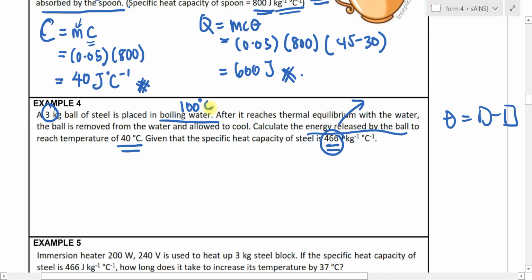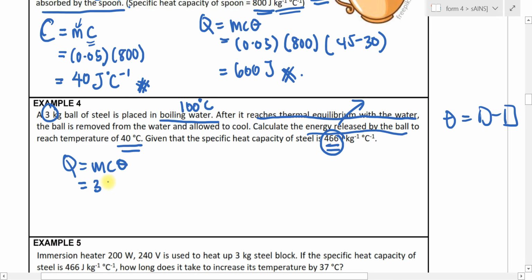So 100 degrees Celsius. Because it already reached the thermal equilibrium with the water, proving that the steel ball initially 100 degrees Celsius. Sekarang dia reach 40. Yeah, that is the final temperature lah. Kita baru dapat semua information dia. Q equal to MC theta. Q ni bukan heat absorb saja, heat release pun sama je.